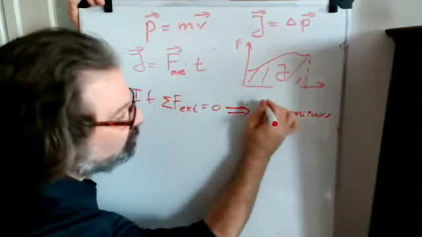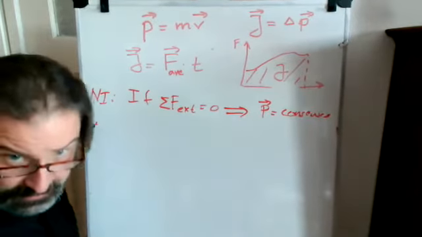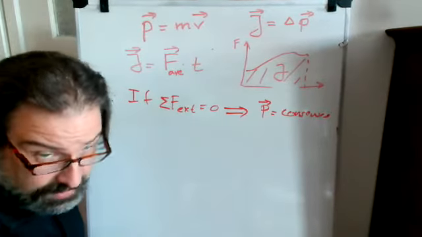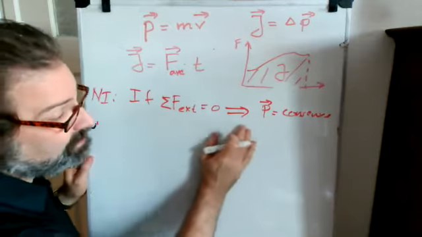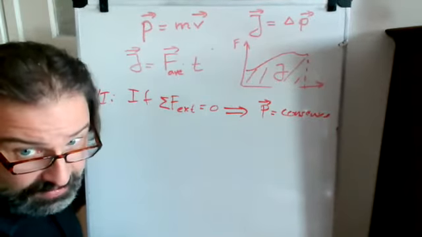And this, of course, is a restatement of Newton's first law. So effectively, we're saying, if there's no external force, then mv is conserved for the whole sum of all objects together.